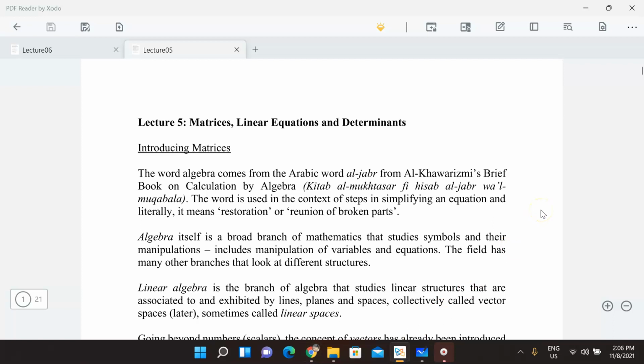So essentially we are going to look at matrices as part of our linear algebra chapter. I think I've already started doing something on it. So let me go down.